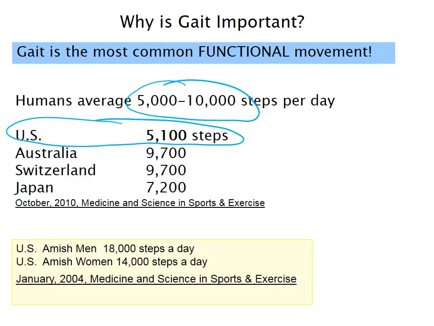And it's interesting to note that some of us in the US do quite well, and we see that people who are less reliant on those devices called automobiles do quite well, with the Amish men and women coming in at least roughly 15,000 steps a day. So, yes, we're not doing very well here in the US, so we're much more sedentary, and other nations are much more active. But despite that, we have similar types of injuries, specifically in our hips and our knees, due to that wear and tear.